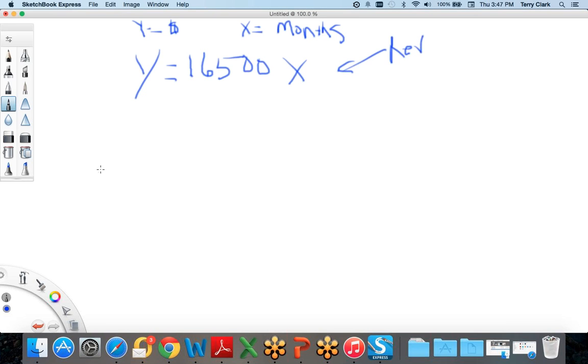The other one is going to be a cost function or an expense function. With my expenses, each month for lights and my water bill, and if I've got salaries to pay and all that stuff, let's see.